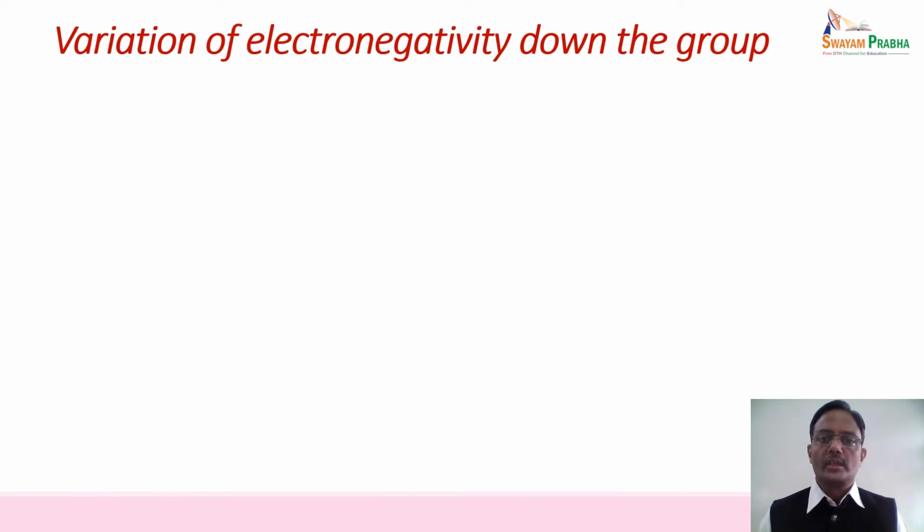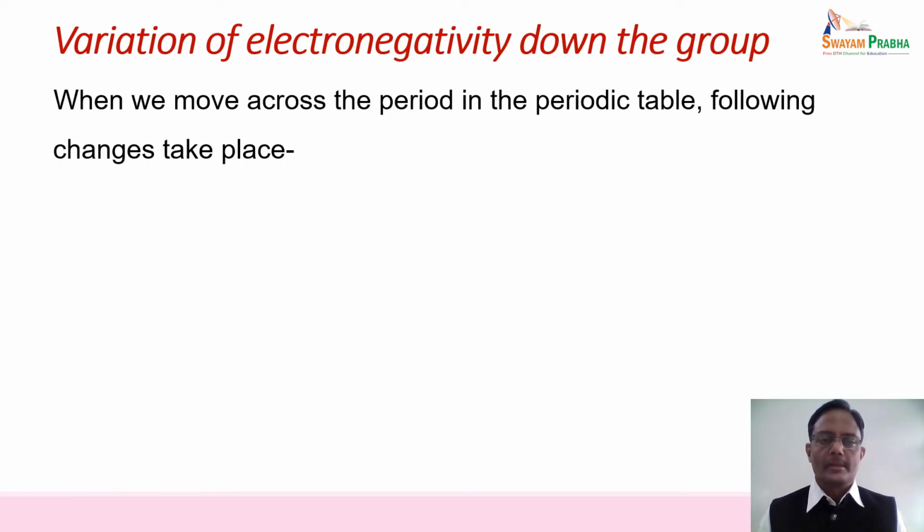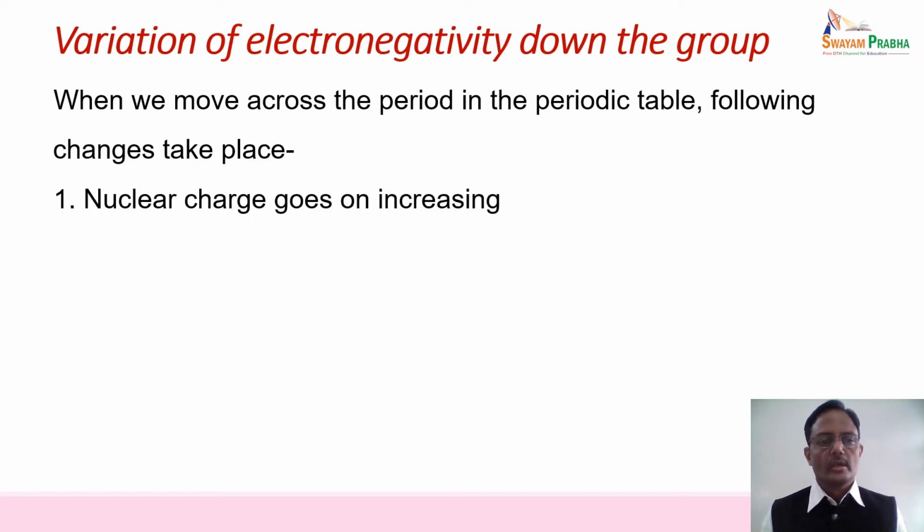Now when we move down the group, what happens to electronegativity? Again, if we consider the effect on the two factors, we can automatically come to the conclusion of the variation of electronegativity. The first factor is the nuclear charge.